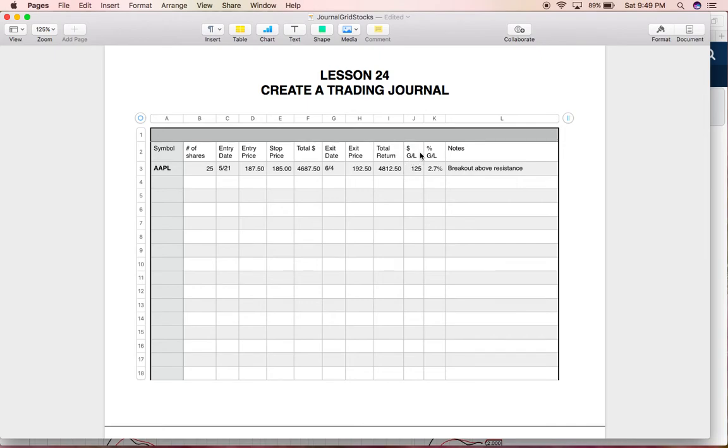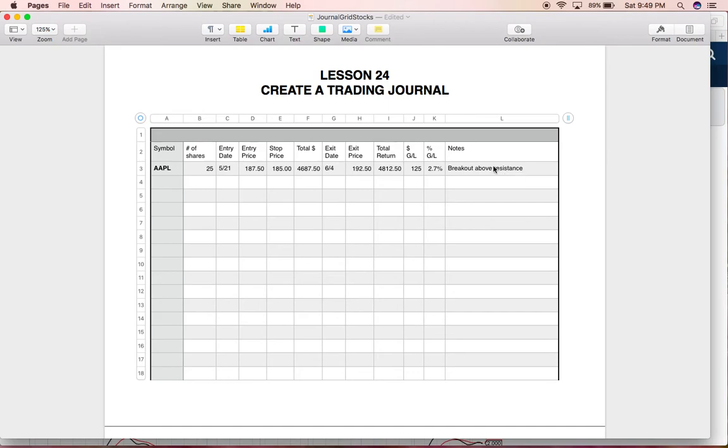Your total G and L means gain or loss. So your total gain in this case is $125. $4,812.50 minus $4,687.50 is $125, and that's a 2.7% gain in just a week or so. And I just put in the notes here, this would have been a breakout above resistance.